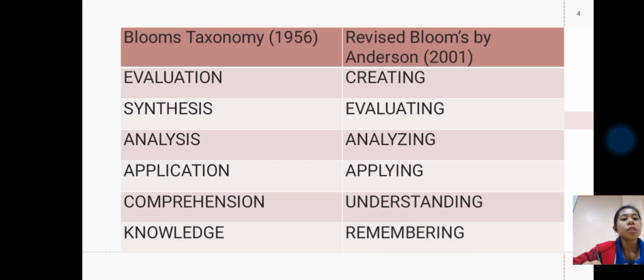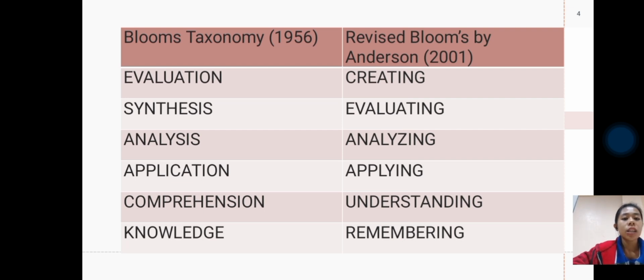Bloom's Taxonomy 1956 starts with knowledge up to evaluation, and the revised Bloom's by Anderson 2001 starts from remembering to creating. The Bloom's Taxonomy 1956 is in the cognitive domain, which refers to mental skills, processing information in learning. While the other one also focuses on the cognitive domain, it also aims to be more practical and applicable to real-world learning.